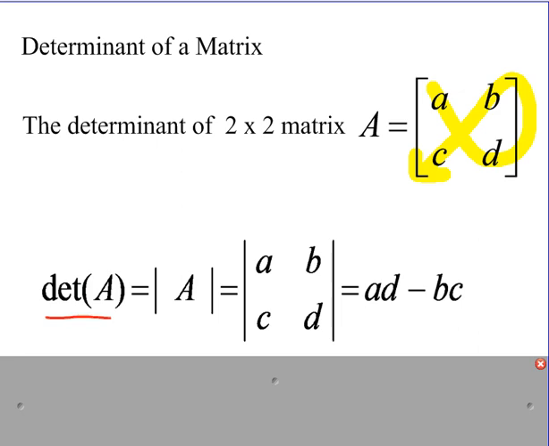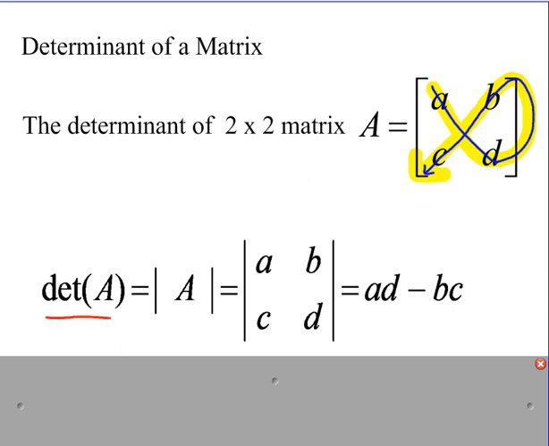And so you can be the absolute value of A or the absolute value of the matrix represented with all of its terms. And then it's AD minus BC. So again, as you follow this path, you multiply A and D and then subtract B times C. And we go in that motion.